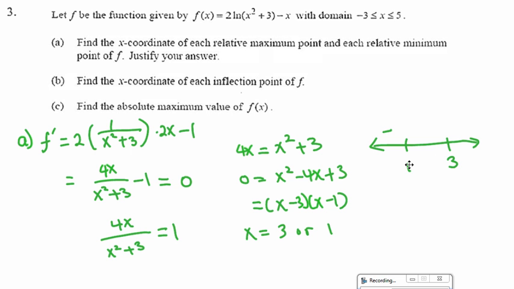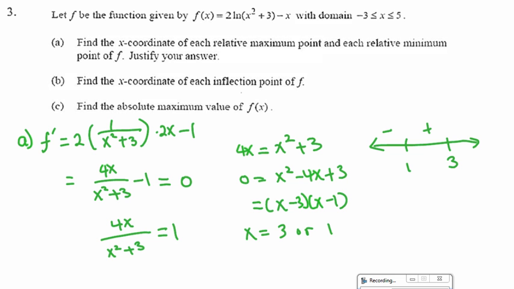When 1 through 3, if you plug in 2, the numerator becomes 8, the denominator becomes 7, so 8 over 7 minus 1 becomes positive. And the last portion, above 3, let's say if you plug in 4, then we get 16 over 19, and this portion becomes less than 1, minus 1.